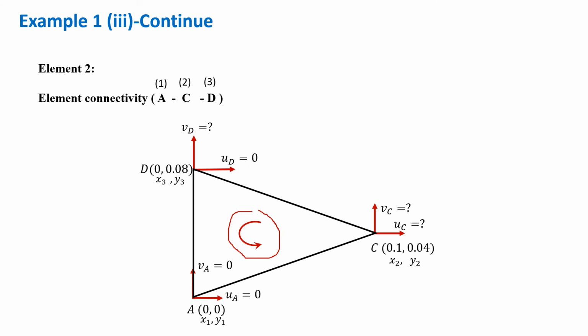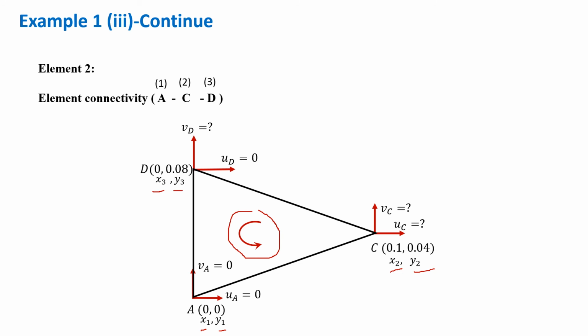Thus, for element 2, the coordinate of A will be x1, y1. Node C, the coordinate will be x2, y2. And coordinate D will be x3, y3.